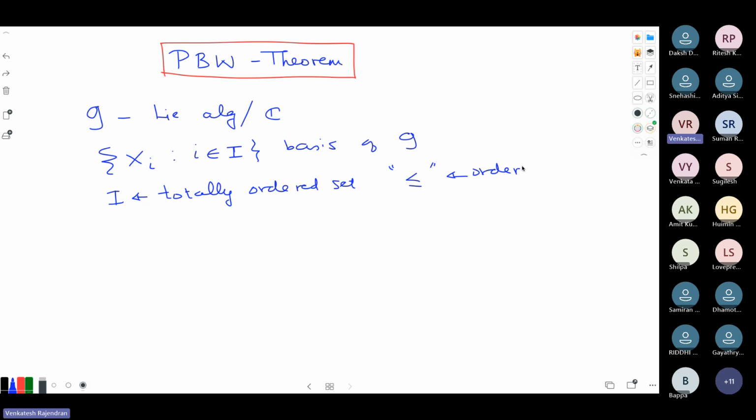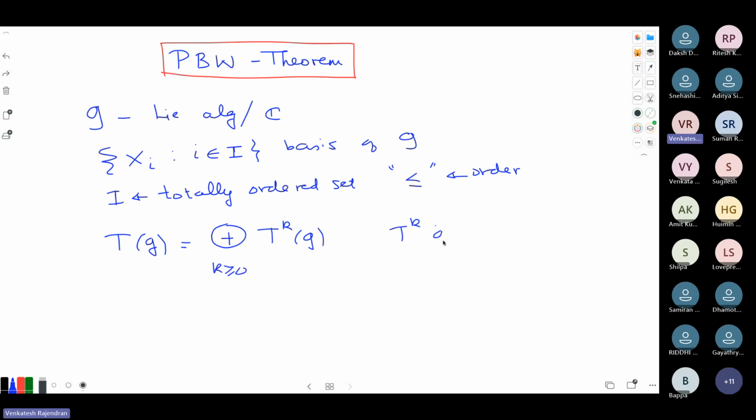Recall how we constructed the universal enveloping algebra. We started with the tensor algebra T(g), which is the direct sum of all the k-fold tensors T^k(g), where k is greater than or equal to 0.